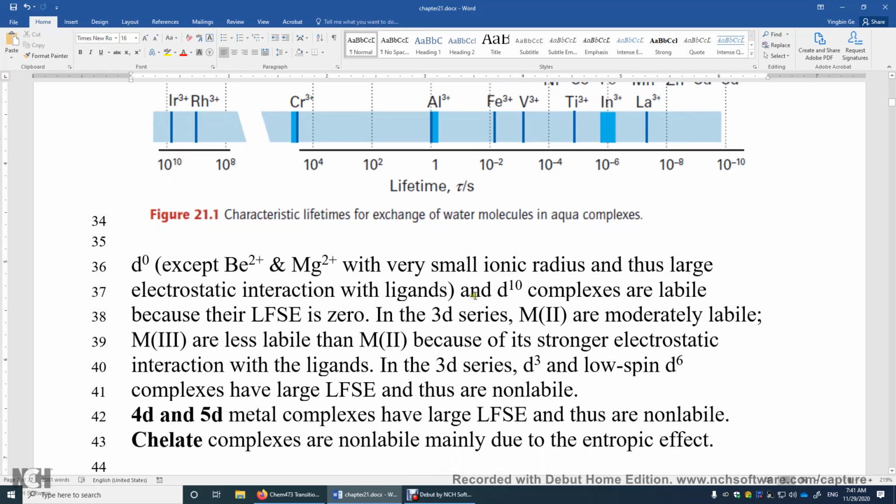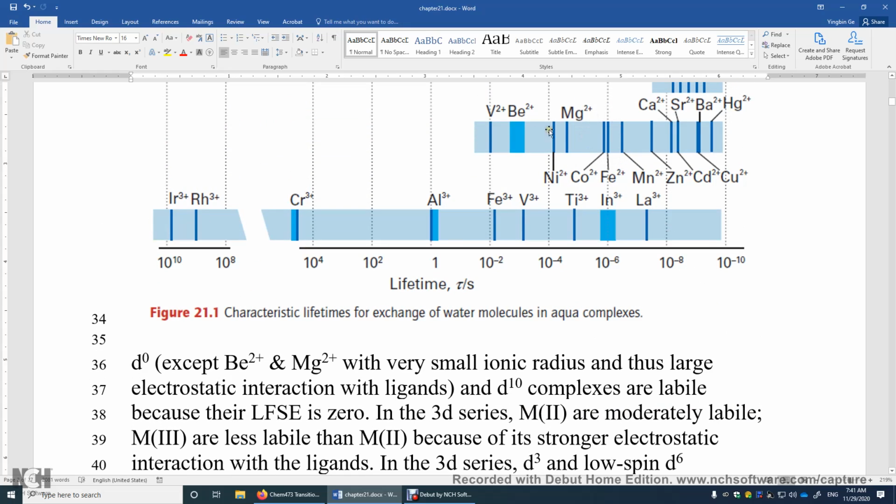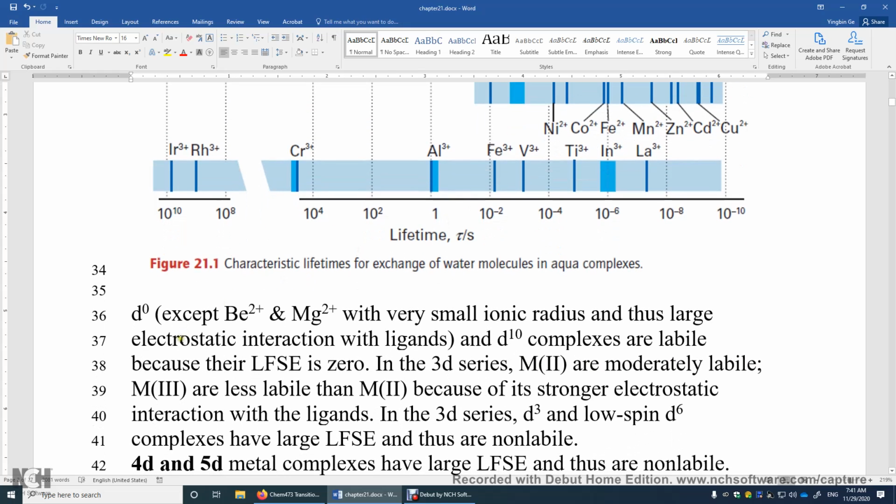And then if we look at the 3d transition metal series, the metal ions with 2+ charges are moderately labile, so they are pretty labile. And metals with 3+ charges are less labile, just because of the stronger electrostatic attraction between metal 3+ and the ligands.